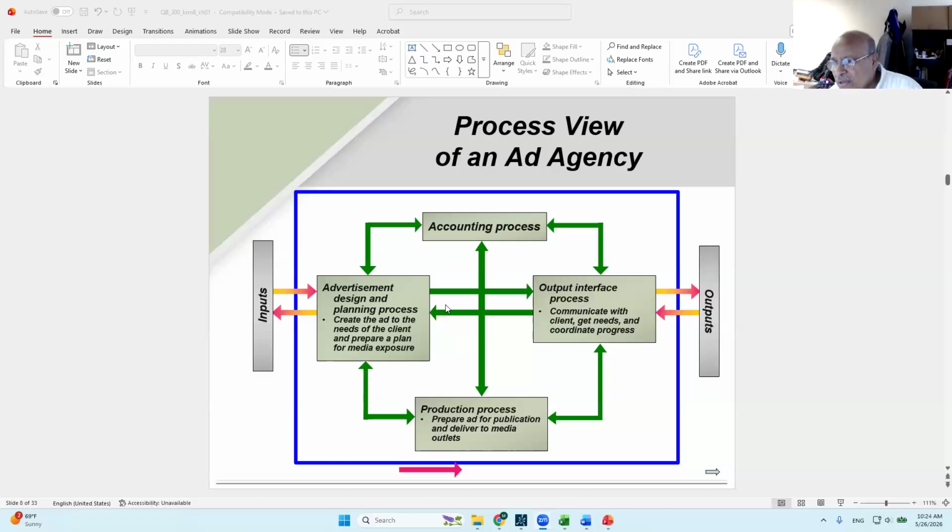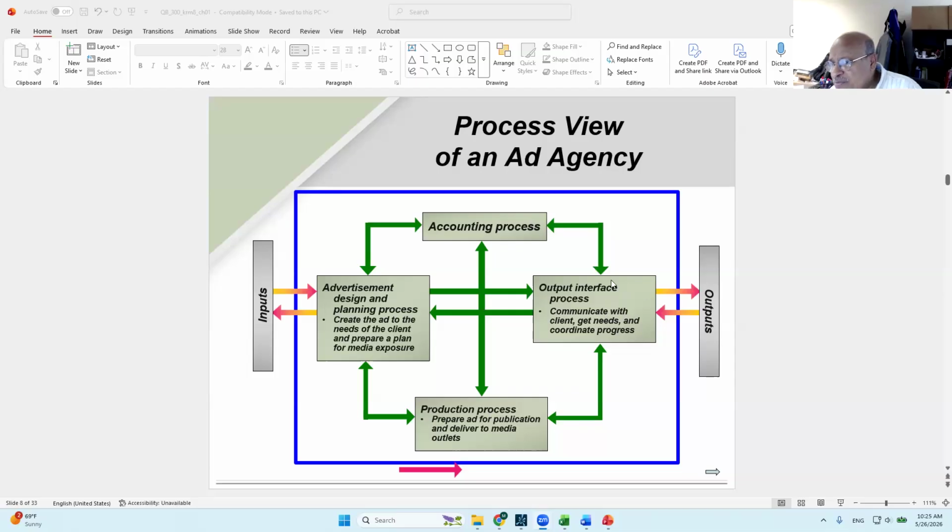Make sense? And then output interface process will also have some cost. In order to get that money, they'll be connecting to the accounting process. So accounting process is in touch with every smaller unit in order to do the final advertisement.